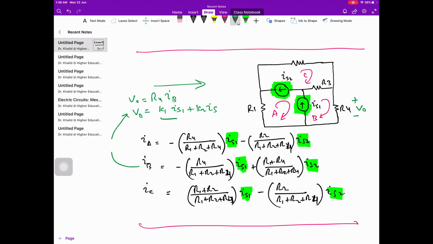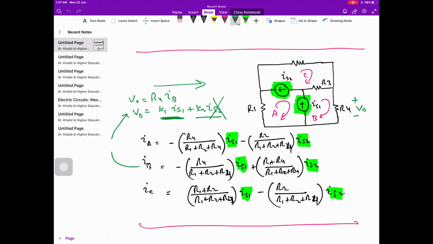So this part of the output voltage is only due to IS1, and this part is only due to IS2. You can use the principle of superposition. In order to find the part only due to IS1, you have to eliminate the second source. Eliminating IS2 means open circuiting the IS2 source, and then solving the circuit for VO.